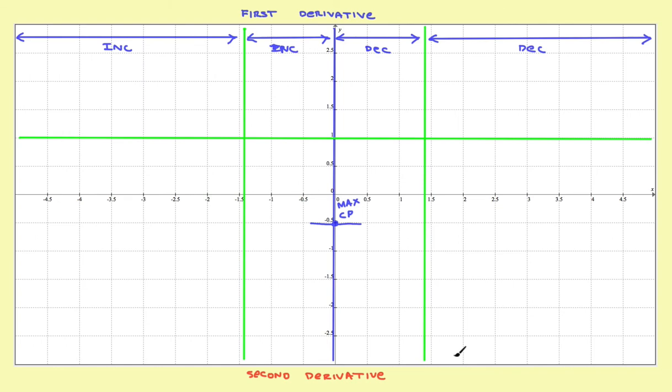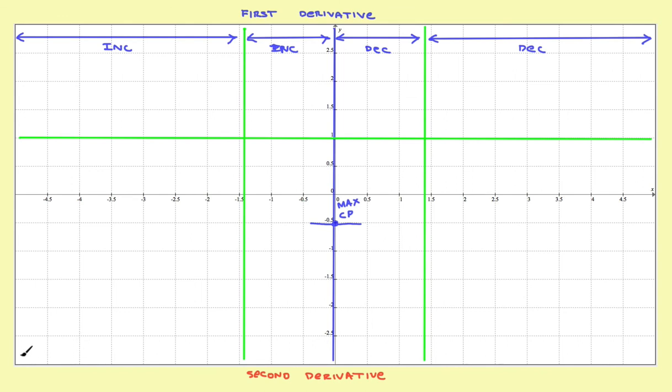But remember, this is where the asymptotes come in. Just like you treated an asymptote as if it's a critical point, an asymptote can also behave as if it's an inflection point. It's possible that the function could change concavity wherever you have an asymptote. So you have to treat the asymptotes as if they're inflection points. That is actually going to give you some intervals.